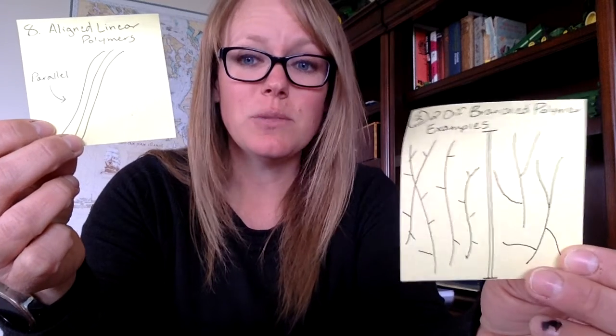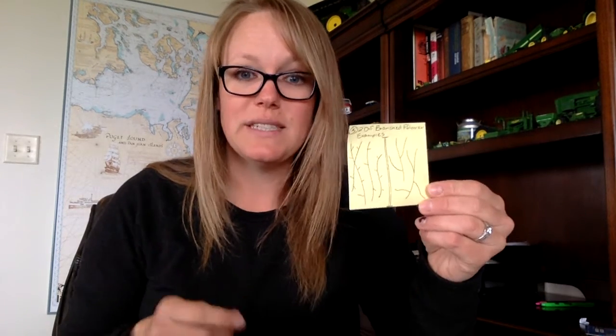So the branched polymers are less dense, okay? They take up more space. They have more empty space in between them that's not being used. So branched polymers are low density. So we get the LDPE from the branches pushing it out, making more space there. Well, then the opposite.